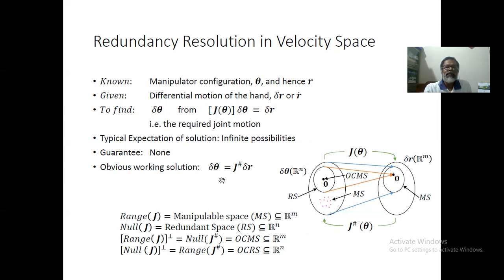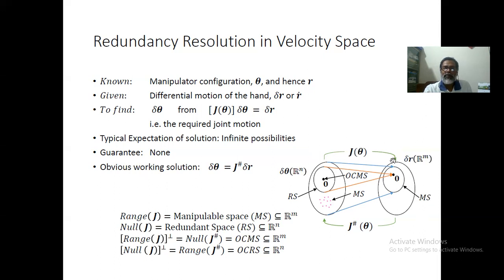Now, how do J and J hash, the Jacobian and pseudo-inverse of the Jacobian, operate in the velocity space, in the joint side and in the task space side? We have already seen that J theta is a mapping that maps delta theta to delta R. That means Jacobian is a mapping from this n-dimensional Euclidean space to this m-dimensional Euclidean space.